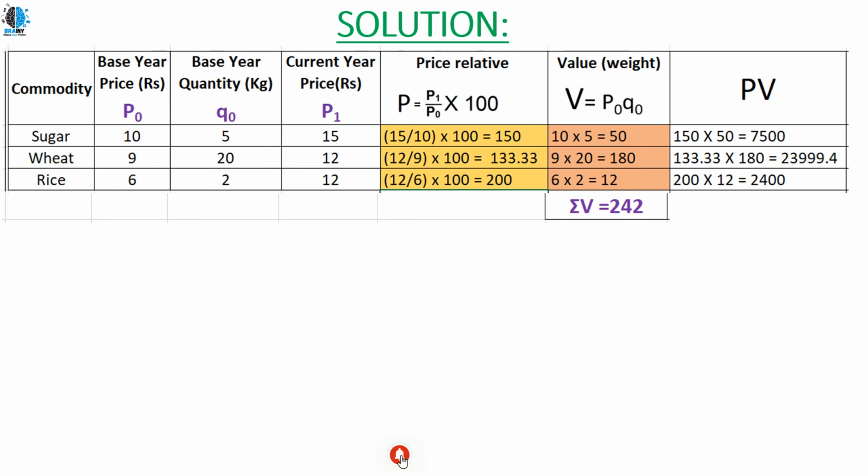So I'm going to multiply this P and V value so that I get the values for PV: the first value 7500, then 10,666.4, and next 2,400. Next I have to find the summation of PV.